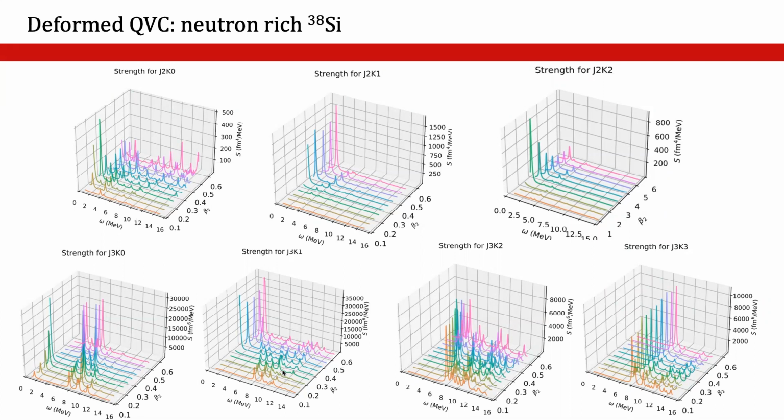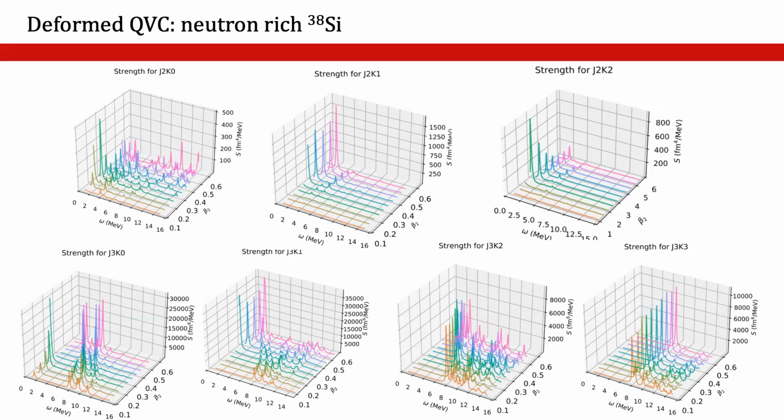It has many states, especially at the low-energy part, where many vibrations disappear at small deformation, not like the K equals 3 case. All the transitions, all the vibrations are relatively stable compared to the change of beta 2.